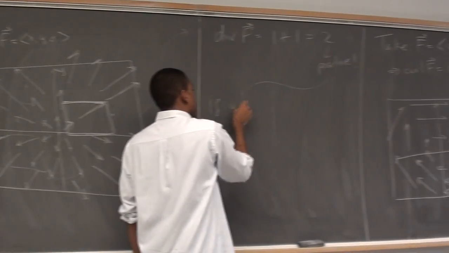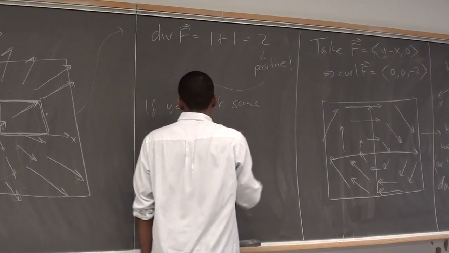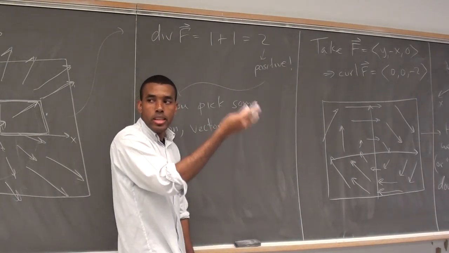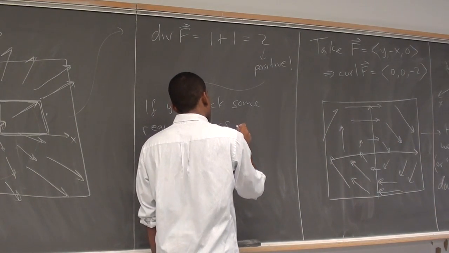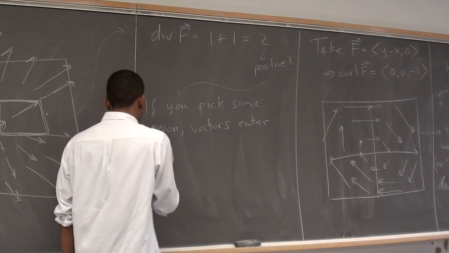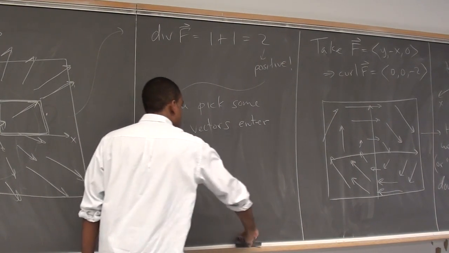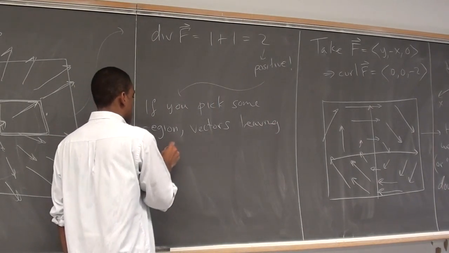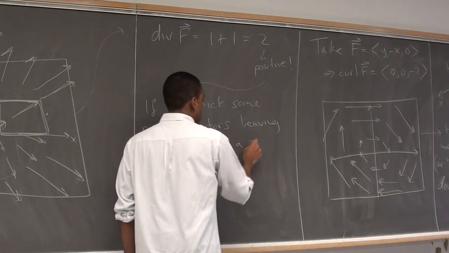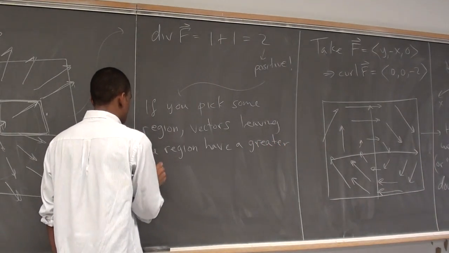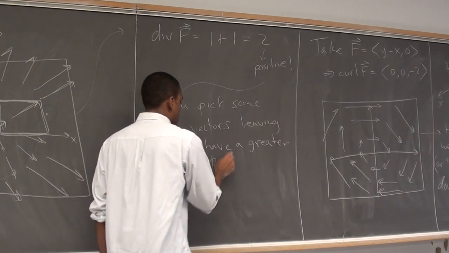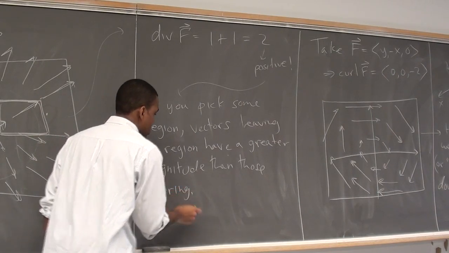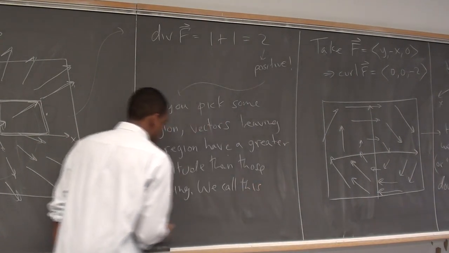This means if you pick some region, vectors, which really represent anything, fluid, electricity, current, vectors enter, vectors leaving with greater magnitude. We call this positive divergence.